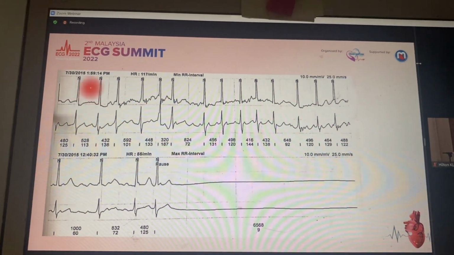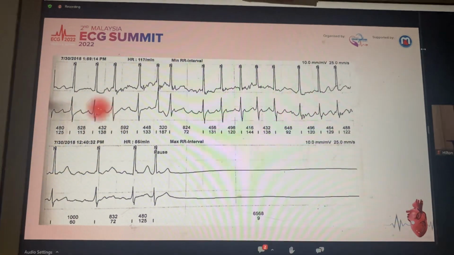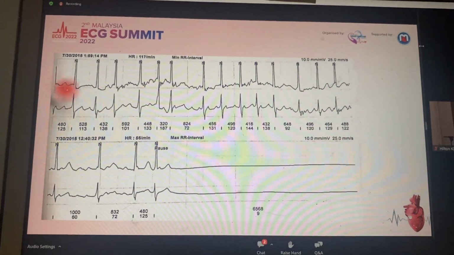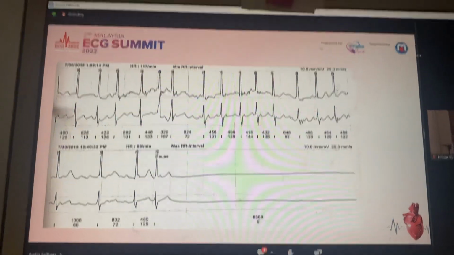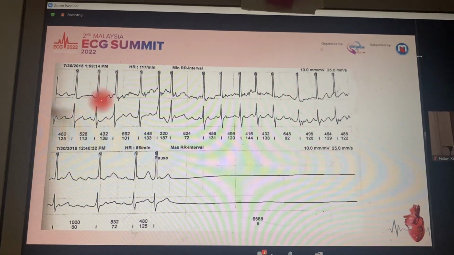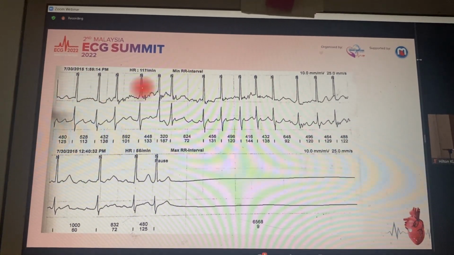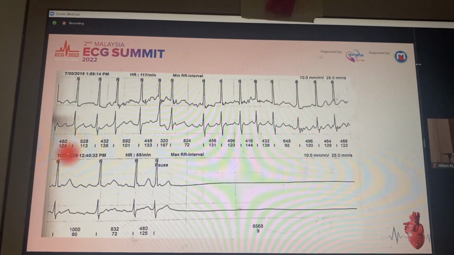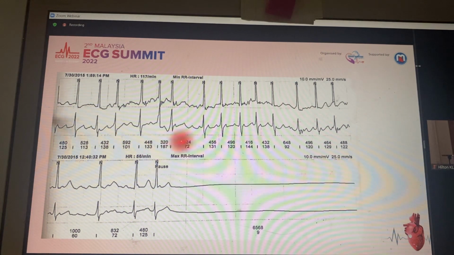Number one is tachycardia, and whenever you have tachycardia, always remember to look at the rhythm. Is it regular? Is it irregular? So here we can see there is a tachycardia with variable heart rate, you can see sometimes you have 125, 138, sometimes it goes to 72.